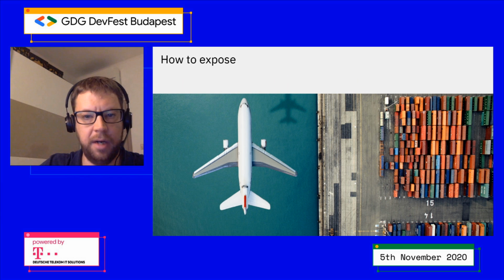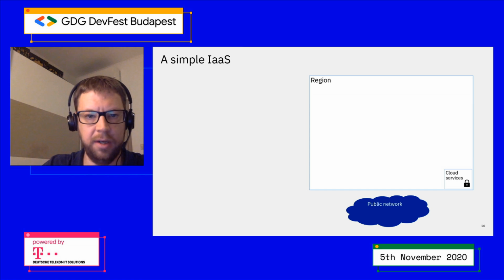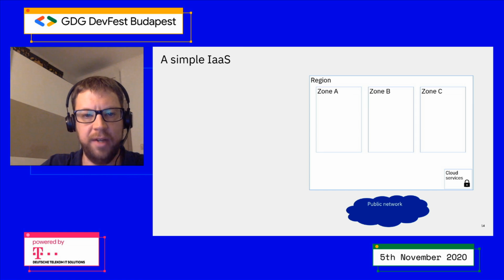Let's see how we expose applications in a very simple infrastructure as a service. As I said, this is not the most advanced offering from IBM. This is the infrastructure type called Classic, which provides very interesting low-level resources, by the way.